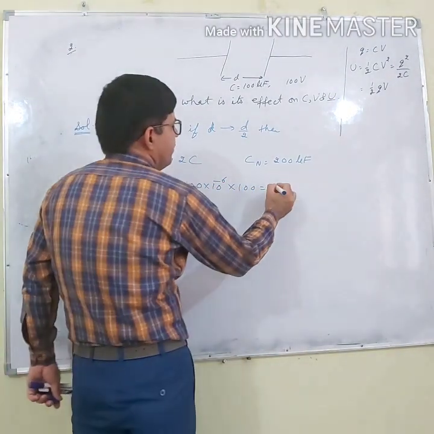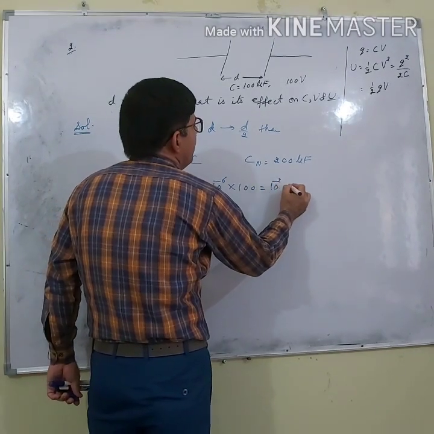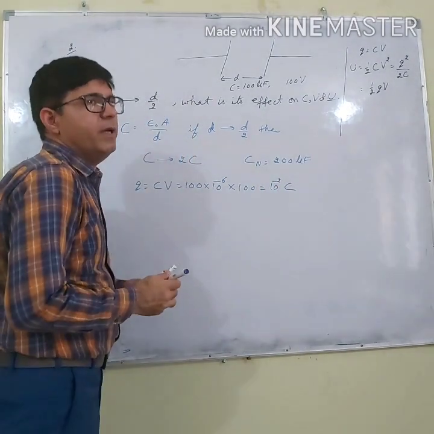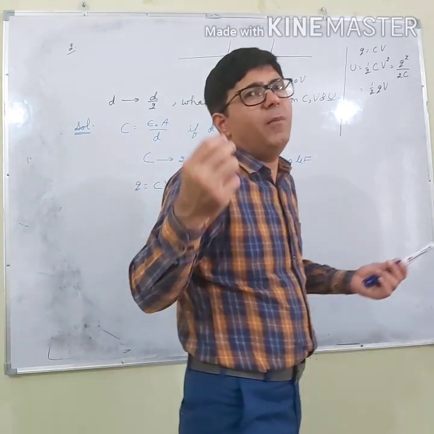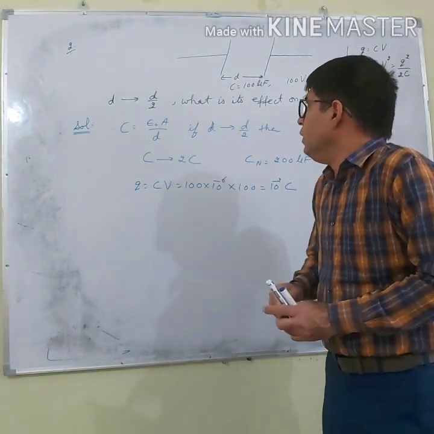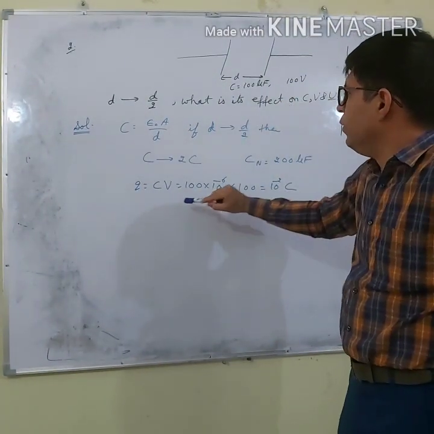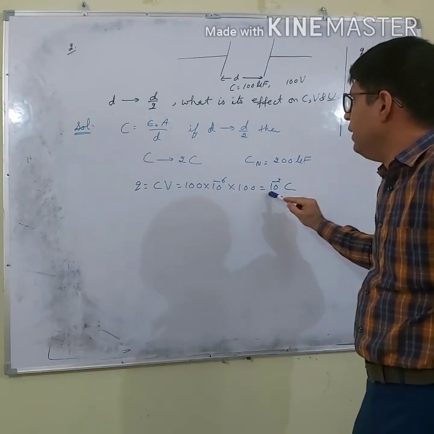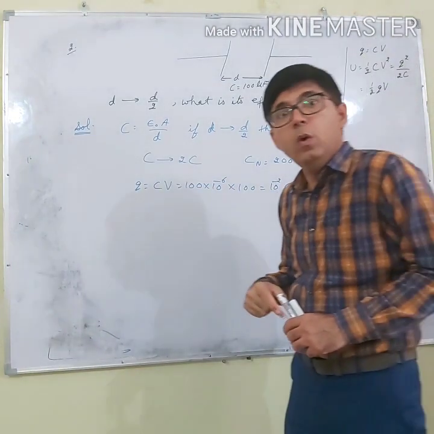When you solve this, it will be 10 to the power minus 2 coulomb. So here the charge will be 10 to the power minus 2 coulomb, because from this data I can find out the charge.